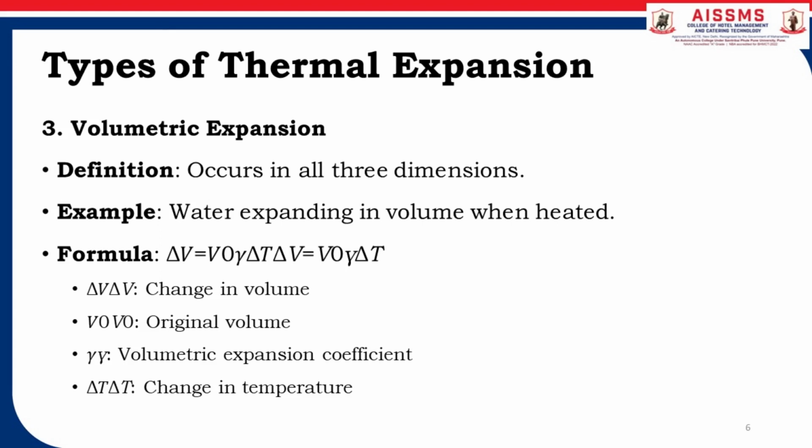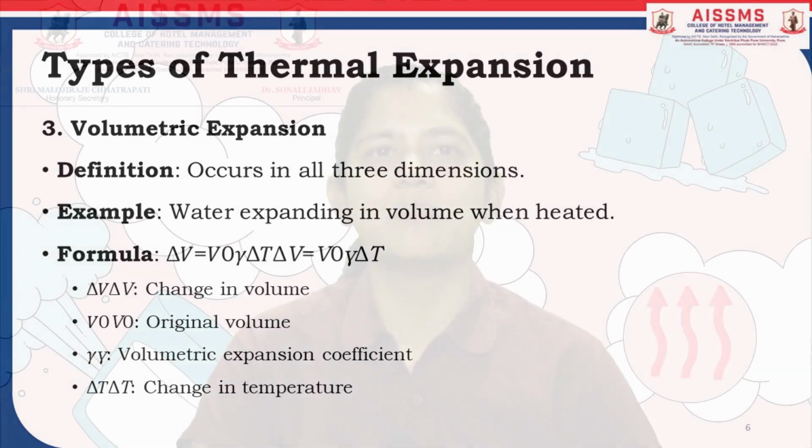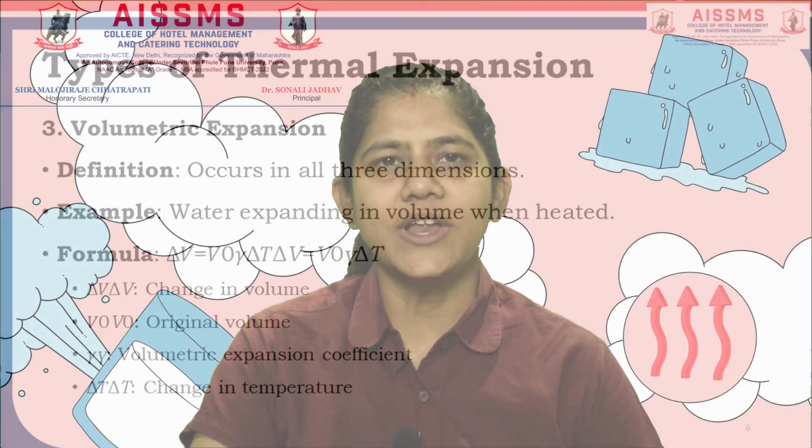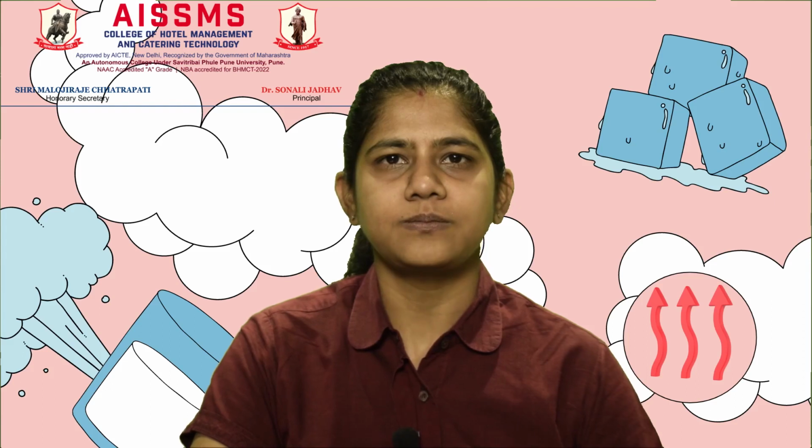This occurs when a material expands or contracts in all three dimensions. Liquids and gases exhibit volumetric expansion. For example, as water is heated, it expands in all directions, leading to an increase in volume.